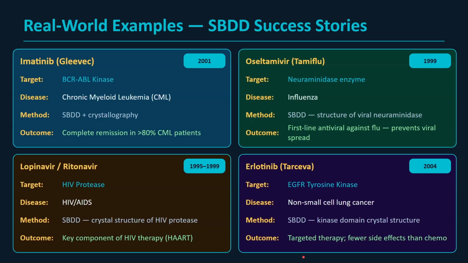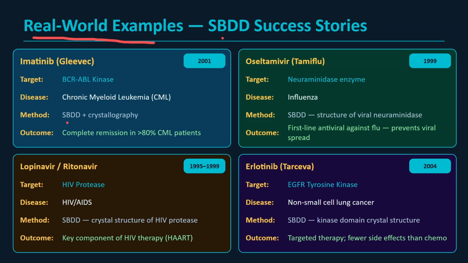So next, we have some real world examples of structure based drug designing. Let us see all of them. First we have Imatinib, which is used to target the BCR-ABL kinase enzyme. Here we have a disease called chronic myeloid leukemia.